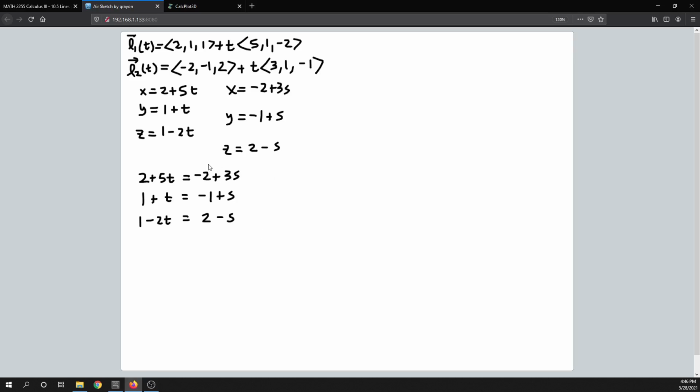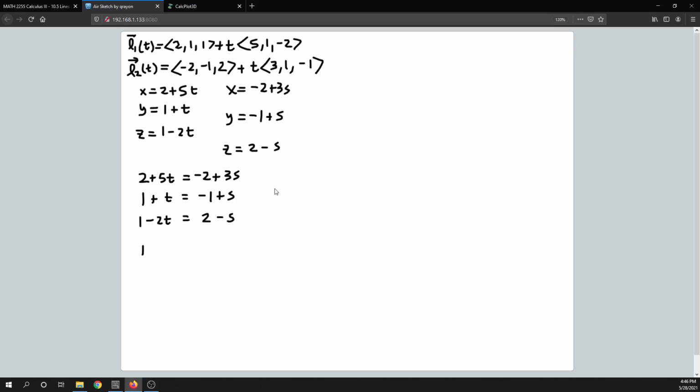All right, and so now what I need to do is to solve this system of linear equations. It's a system with 3 equations and 2 variables in there. So what I'm going to do is to pick one of these equations and solve for t or for s. And it doesn't really matter which one you do. This one in the middle looks pretty easy to solve for t, so that's what I'm going to do.